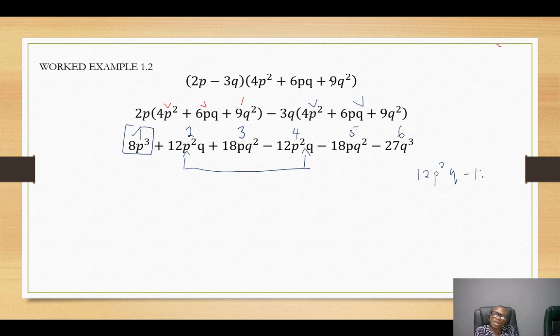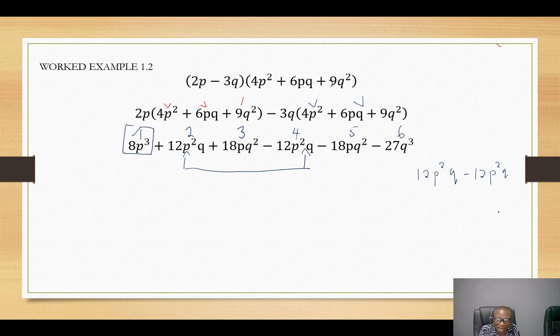Minus 12p squared q, it's easy to know that it's 0. Because if you take a number and subtract it, you get 0, like 6 minus 6. 12p squared q minus 12p squared q, you get 0.